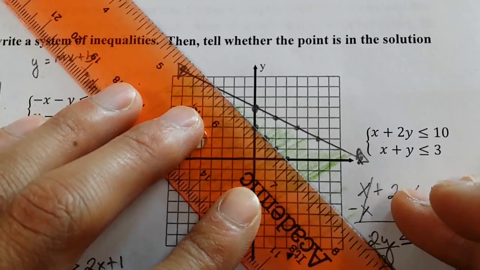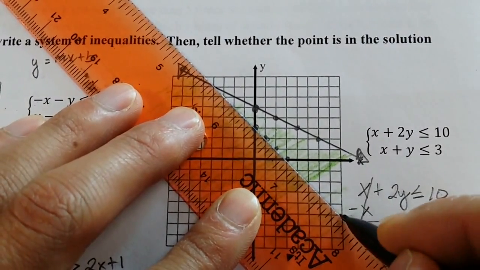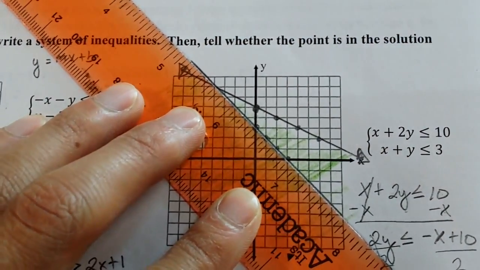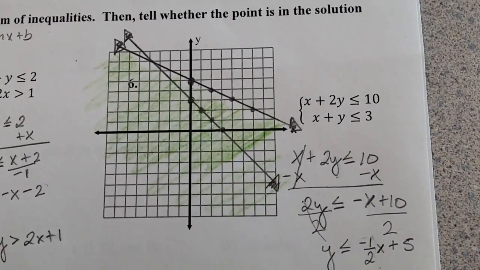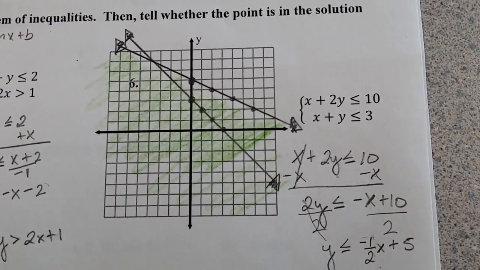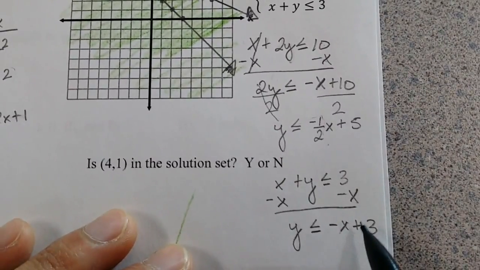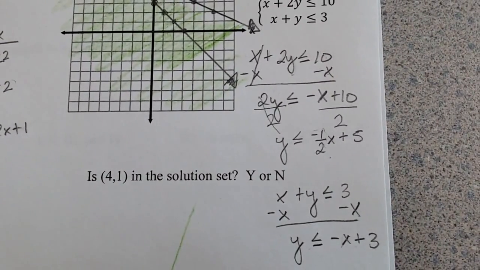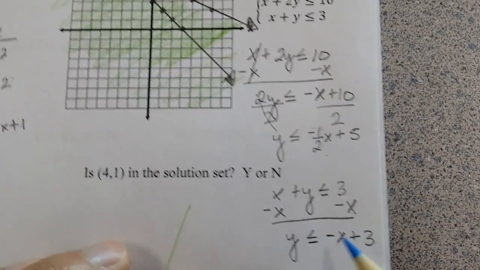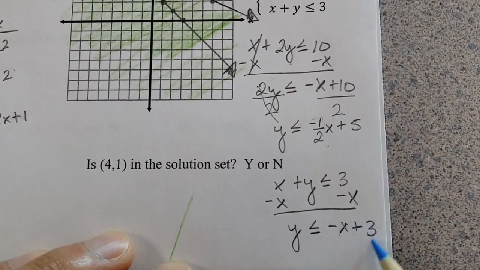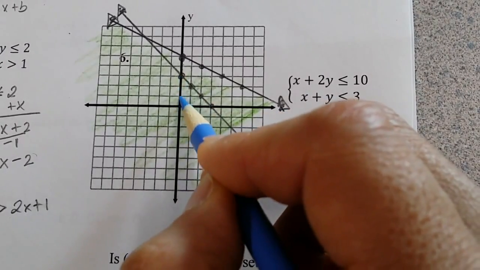Okay, the pink outfits look really good. Alright, so now I graph my line, y is less than or equal to negative x plus 3. I'll proceed to shade. So here's the y-intercept. It's plus 3. So from the origin I go up 3.